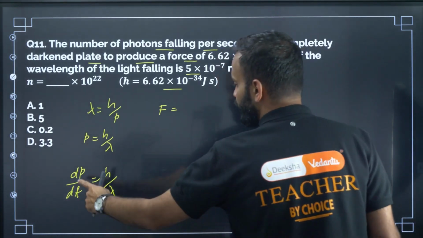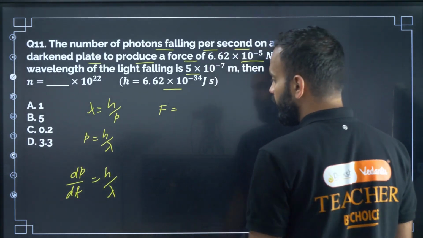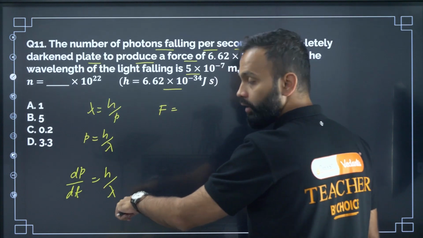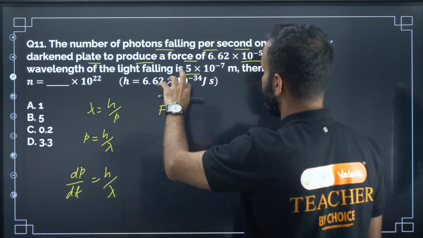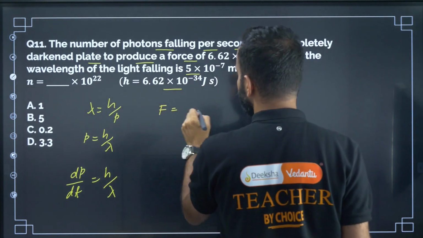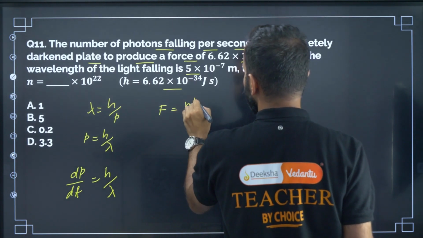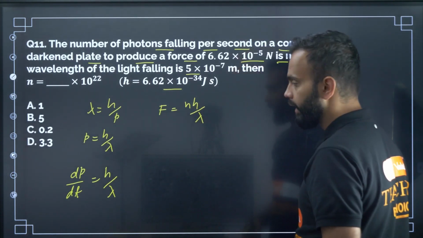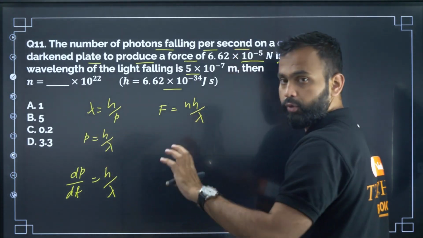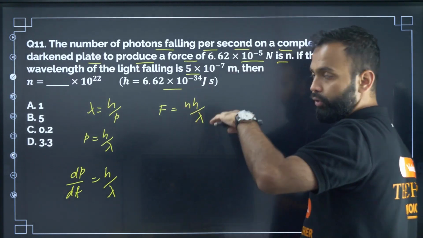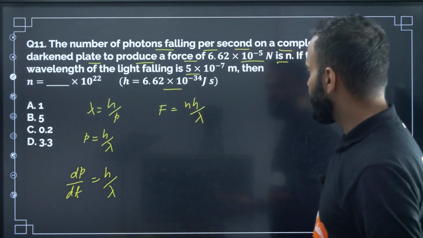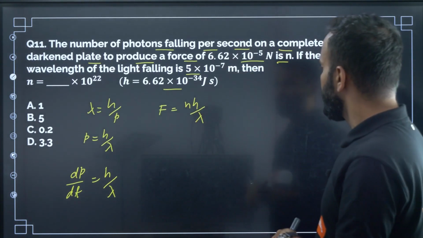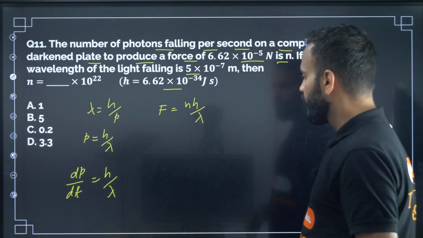This is for one photon, the momentum of a photon. For n number of photons falling on a darkened plate, F equal to n h divided by lambda.